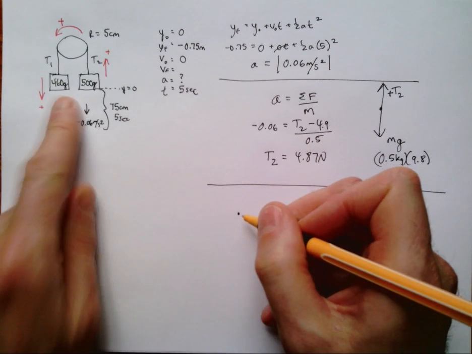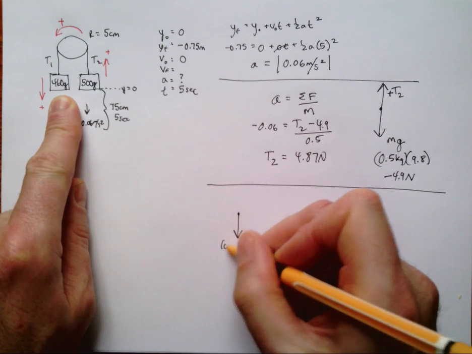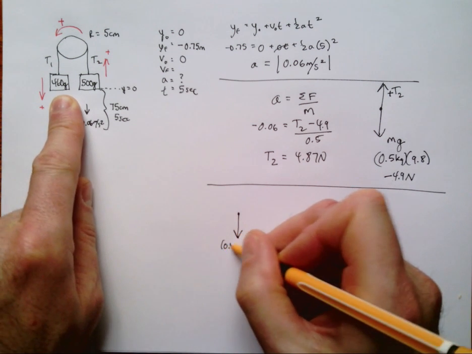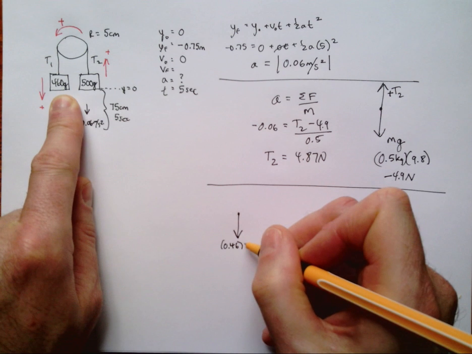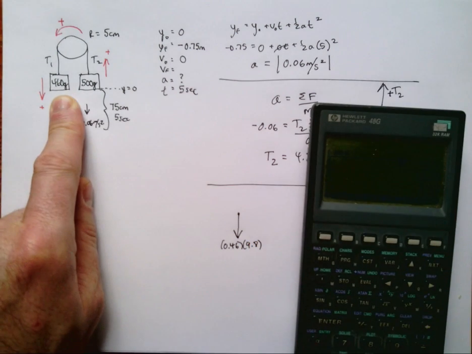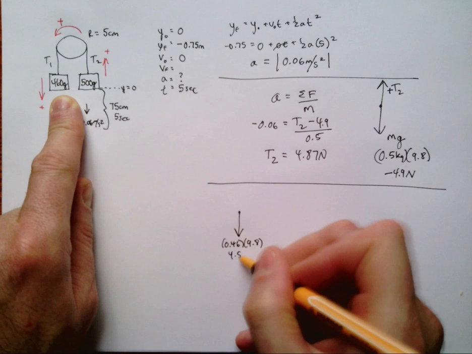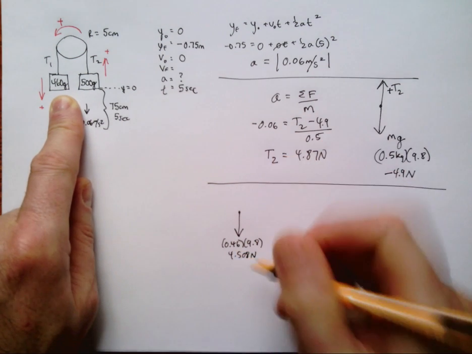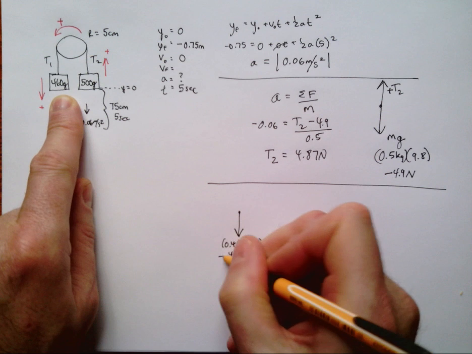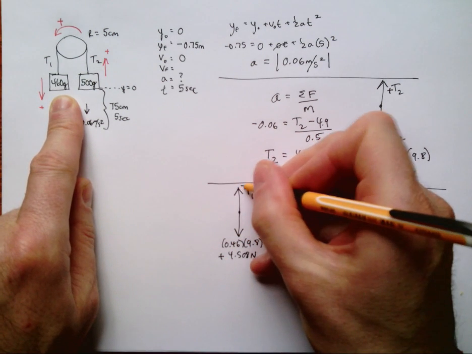So for object 1 over here, the mass, or I should say the weight is what I meant to say, is 0.46 times 9.8. So 0.46 times 9.8 is 4.508 newtons. And according to our scheme, that's going to be the positive direction. And here we have T1, and that's the negative direction.